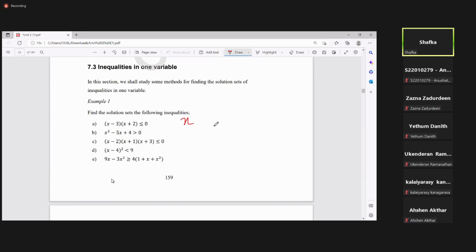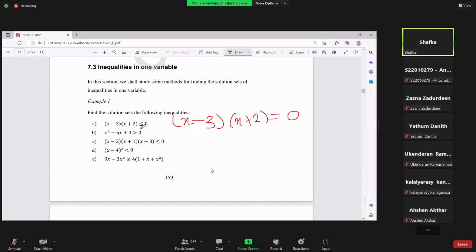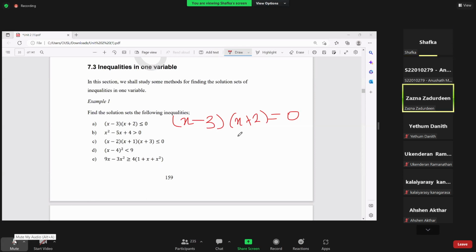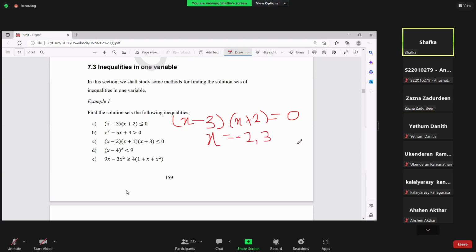Now, consider this. What are the solutions if you neglect the inequality and make it an equal sign? x equals minus 2 and x equals 3.